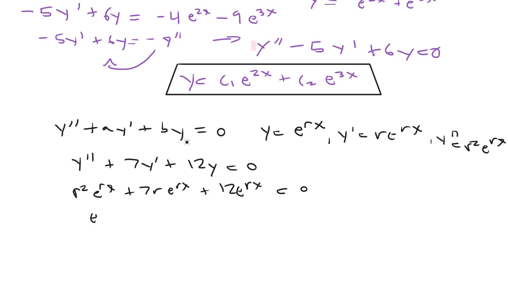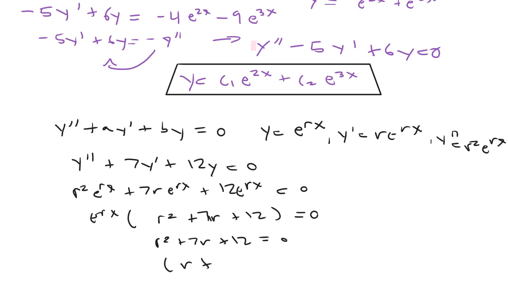Note that e^(rx) is a common factor multiplied by r squared plus 7r plus 12 equals 0. Now, because an exponential function is never zero, we have that r squared plus 7r plus 12 equals 0 can be factored as r plus 4 times r plus 3 equals 0.